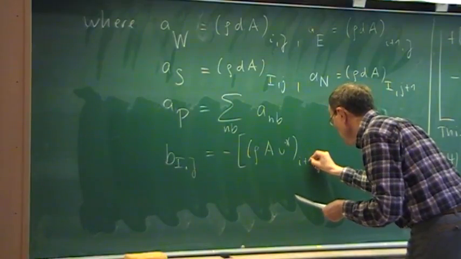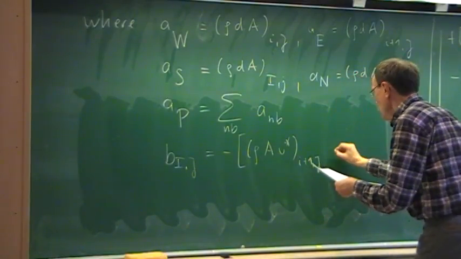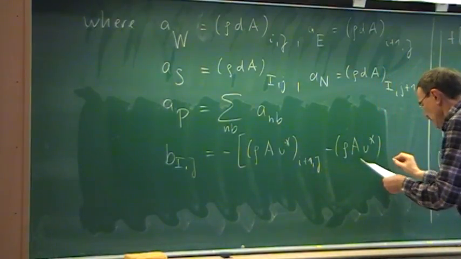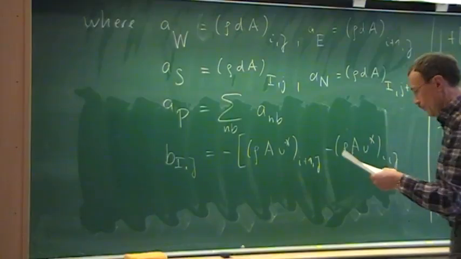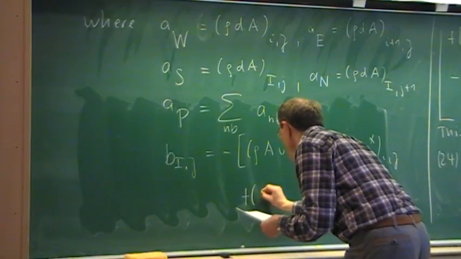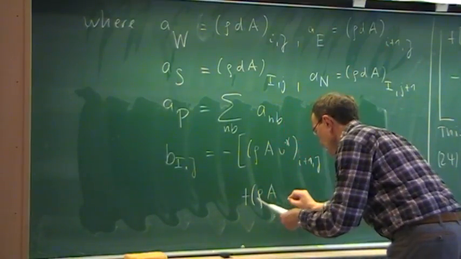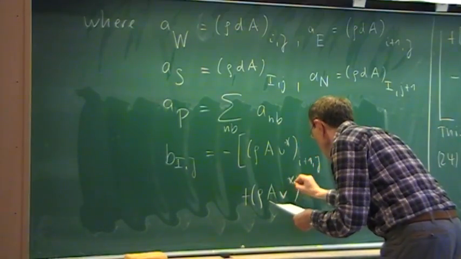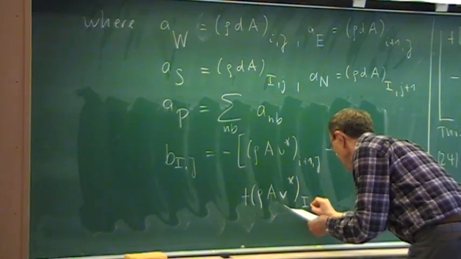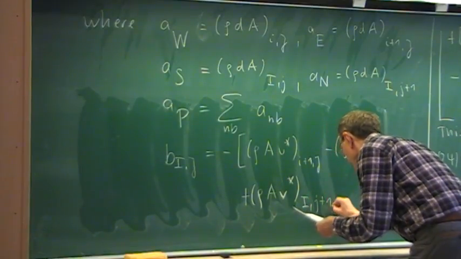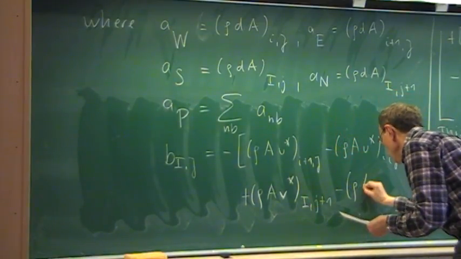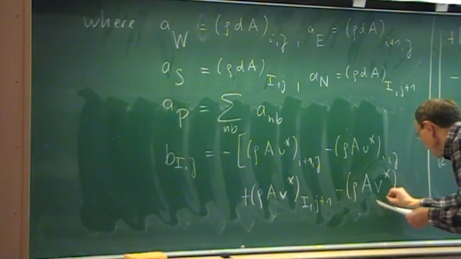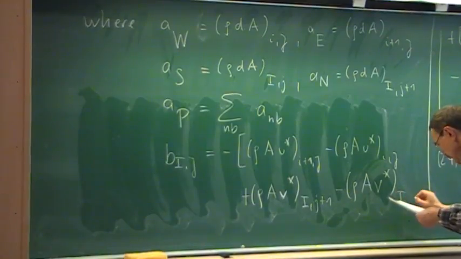So it is rho A u star at I plus 1j minus rho A u star at ij plus rho area times v star at ij plus 1 minus the rho density times the area times the velocity component v star at ij.